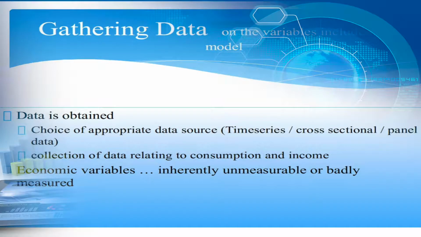This stage includes the following: first, gathering of the data, and it also includes the selection of econometric techniques for the estimation. In the gathering of data on the variables included in the model, data is obtained through the choice of appropriate data source or collection of data relating to consumption and income.